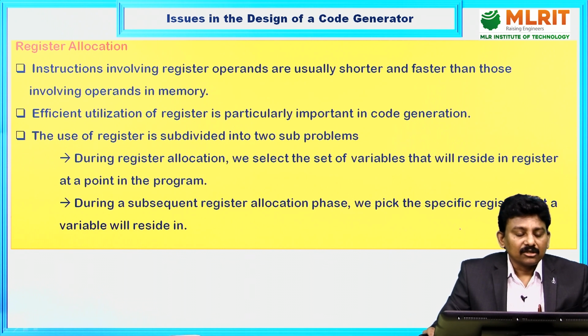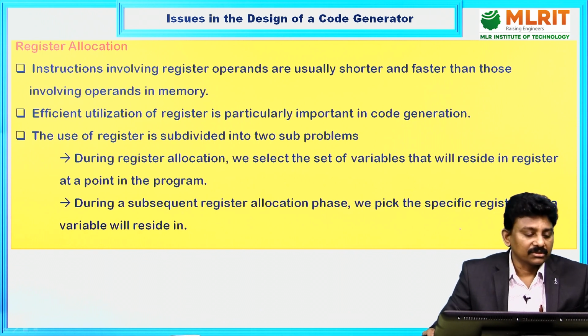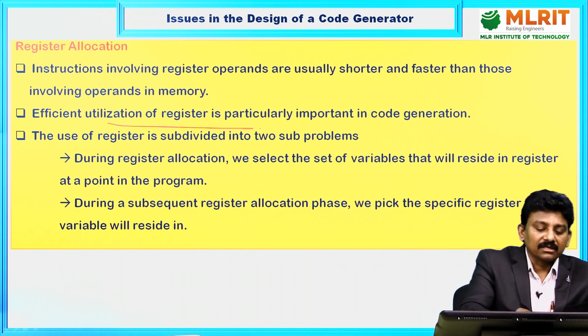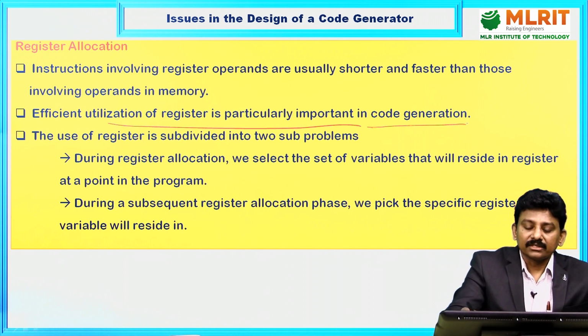But it is not possible to allocate registers for all the operands because the registers are limited in number. Moving data from memory to registers takes time. So selecting the operands for allocating registers plays a crucial role in code generation. Efficient utilization of registers is particularly important in code generation.